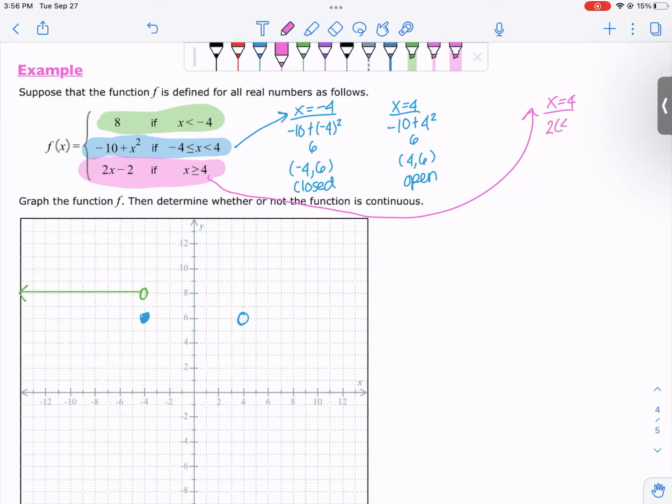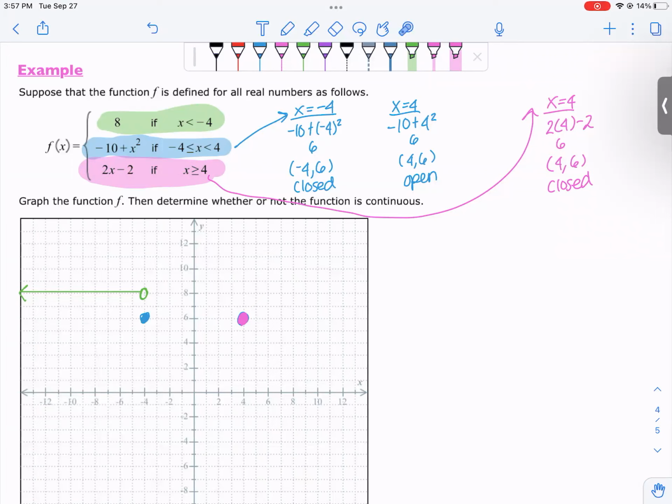That'll be 2 times 4 minus 2. 8 minus 2 is 6. So we have the point 4 comma 6, 4 from the x value, 6 from plugging 4 in. It's a closed circle because there is an underline. So there's a closed circle at 4, 6, which is interesting because there was an open circle there to begin with, but we can close it up with our piece.